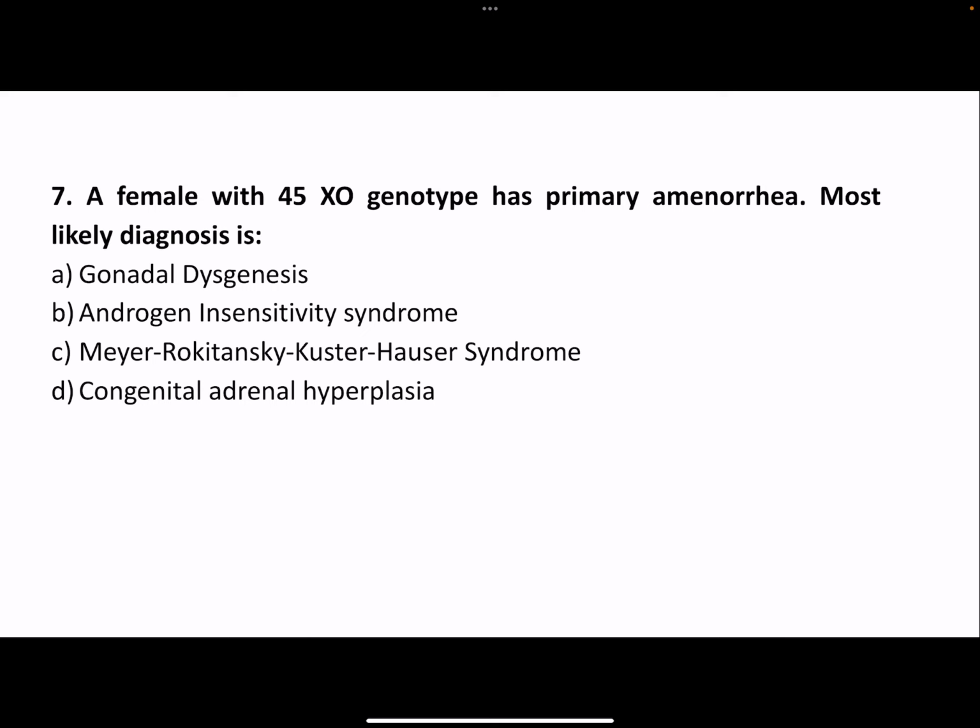Question number 7. A female with 45XO genotype has primary amenorrhea. Most likely diagnosis is. So female with 45XO genotype with primary amenorrhea. This case is of the Turner syndrome, because in the Turner syndrome the karyotype is 45XO.